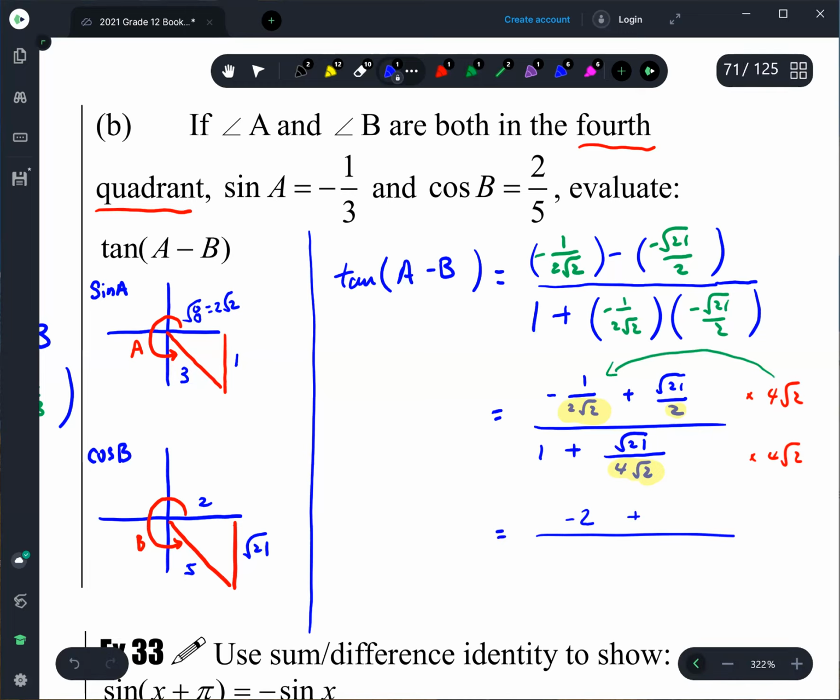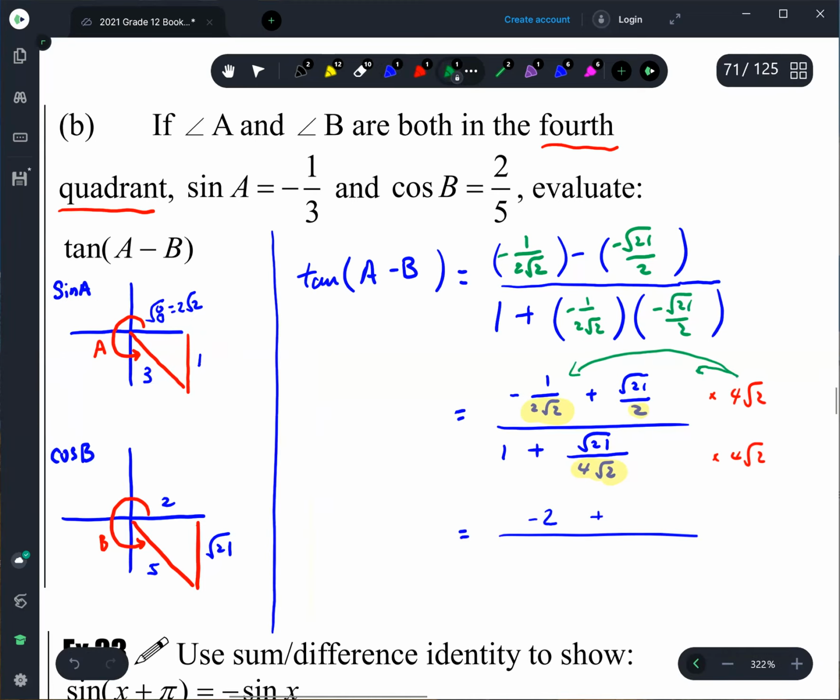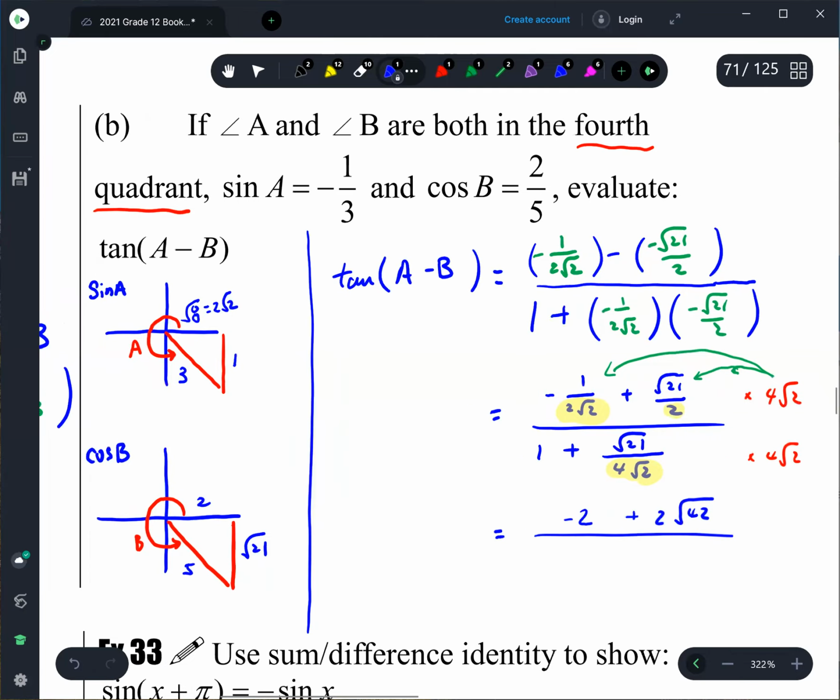And then for the second fraction, when you multiply with the second one, the 4 will cancel out with the 2, so we'll leave a 2 on the outside. And then inside times inside, so root 42. Any questions so far?